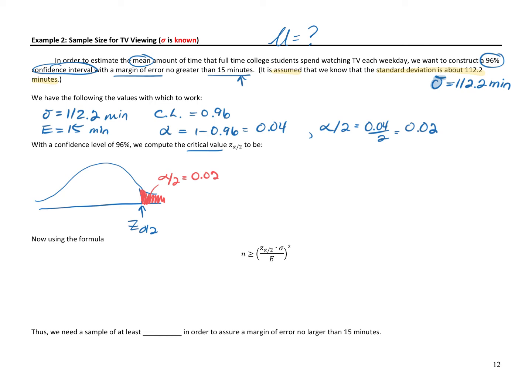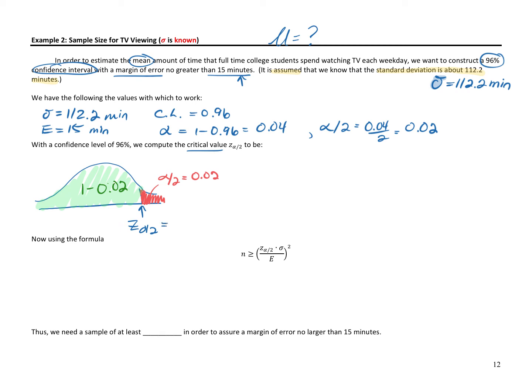And it's the z-score that separates that red region from the green region, from everything to the left. So this green region on the left is 1 minus 0.02. You need that information to find the critical value if you're using your calculator.